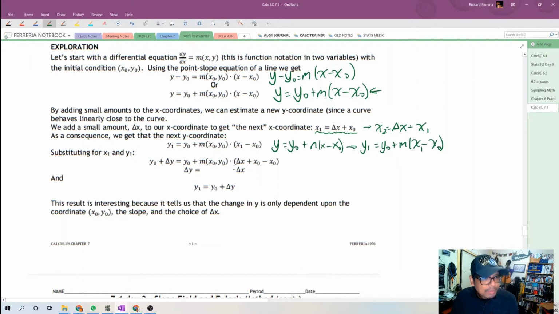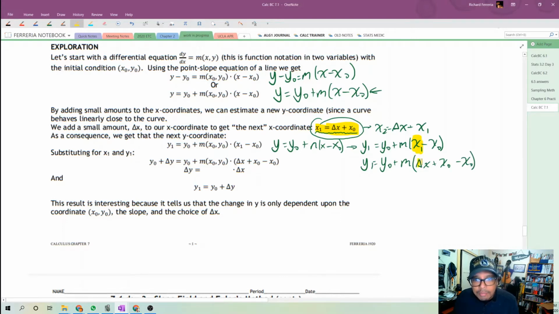And then we're going to substitute. Remember what we said? We said that x1 equals delta x plus x naught. So let's substitute that in here for x1. When we substitute that, we get that y1 equals y naught plus m, and then this is the substitution part, delta x plus x naught minus x naught.